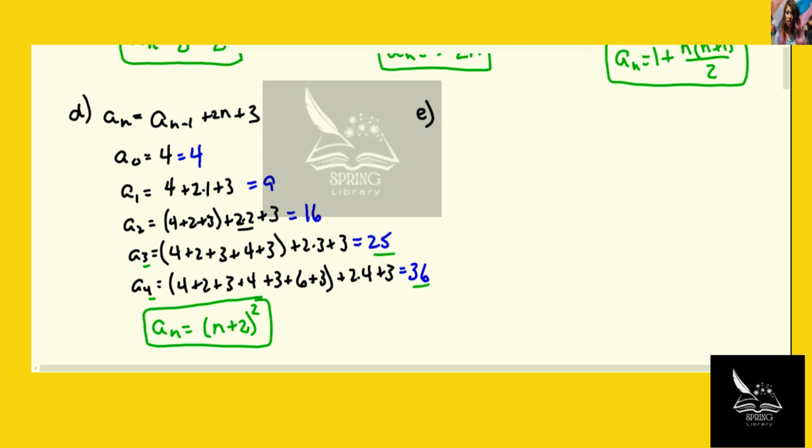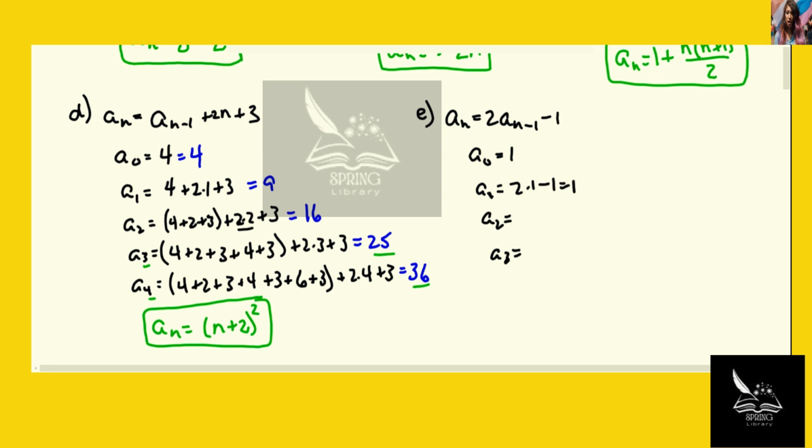Okay, let's do E. A sub n equals 2 times a sub n minus 1 minus 1. Okay, and we're going to start with a sub 0 equaling 1. Okay, so let's begin. A sub 1, I take 2 times the prior one minus 1.